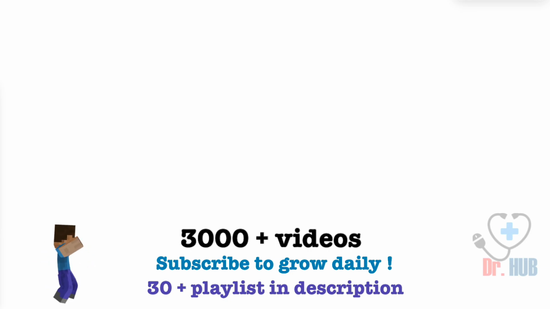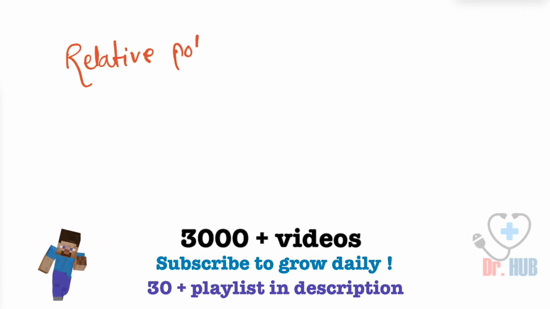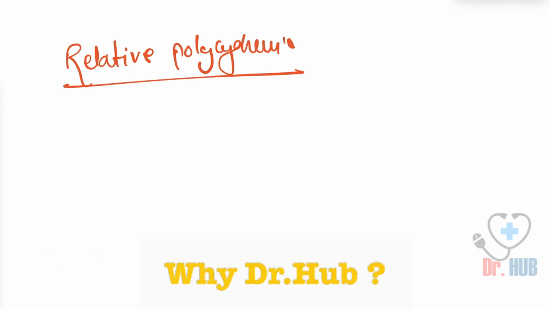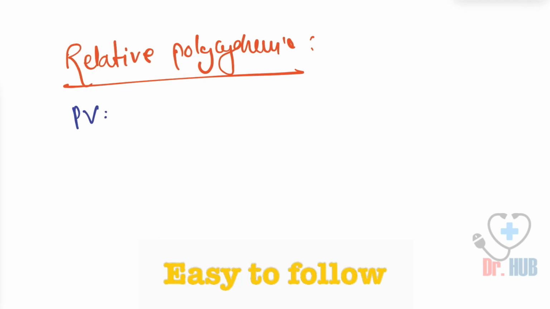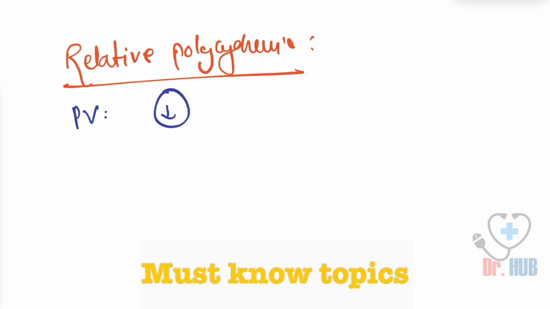To begin with, we look at firstly the type of relative polycythemia. So what is meant by the relative polycythemia? Here, the plasma volume is decreased. Then we move on to the RBC mass.